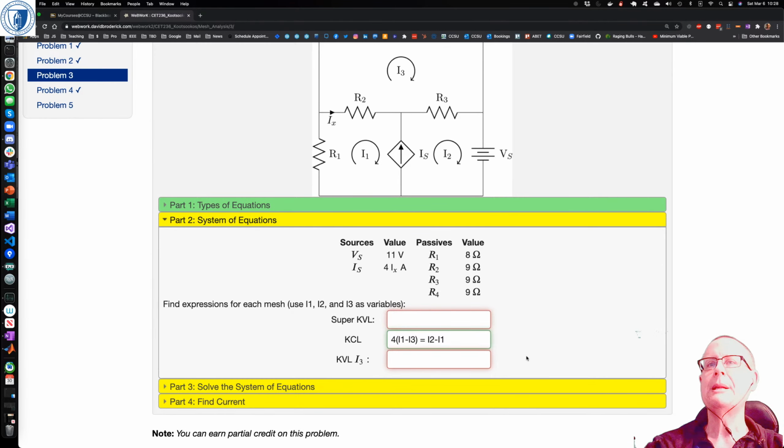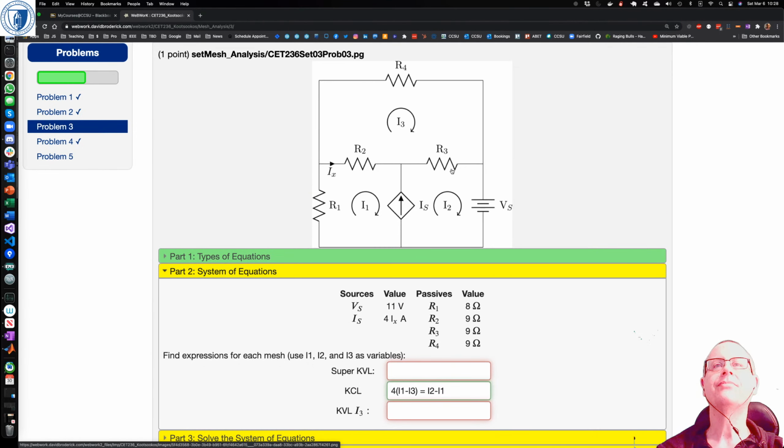Now the I3 equation, let's have a look at that one.